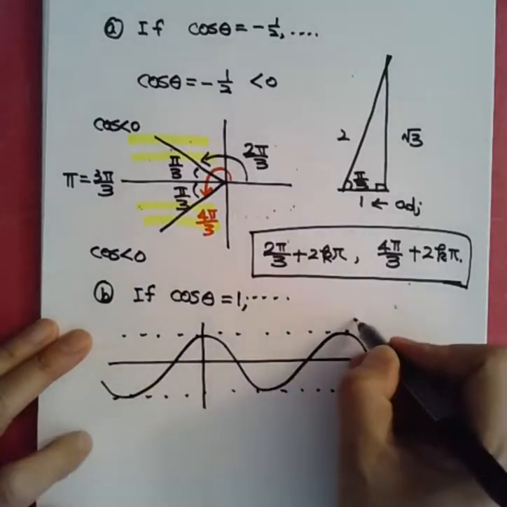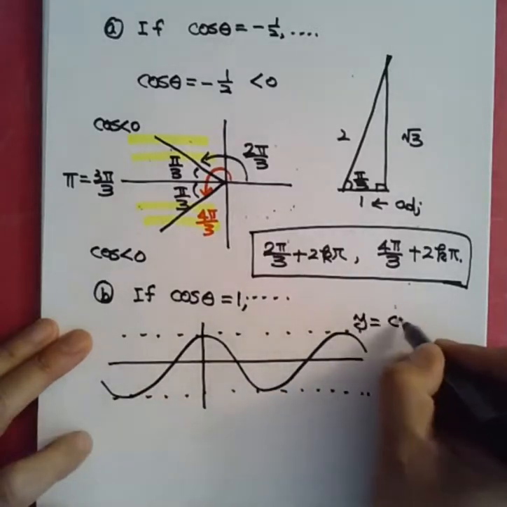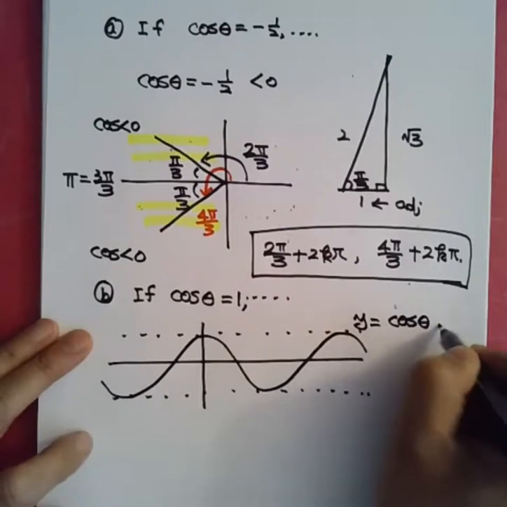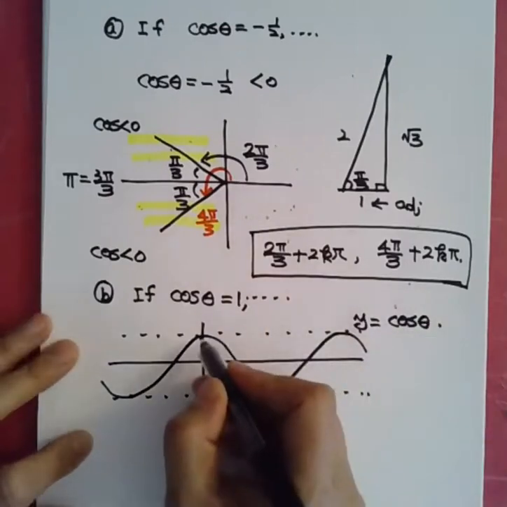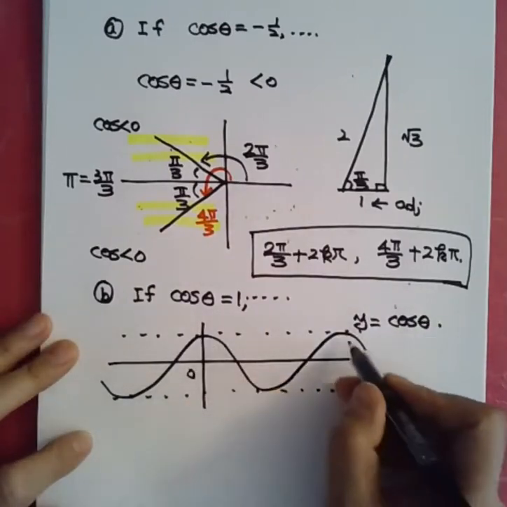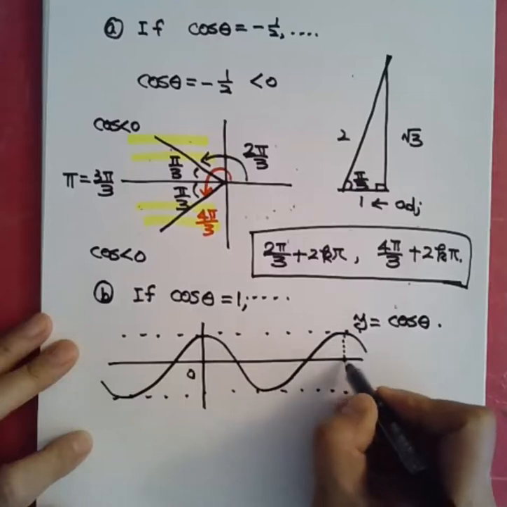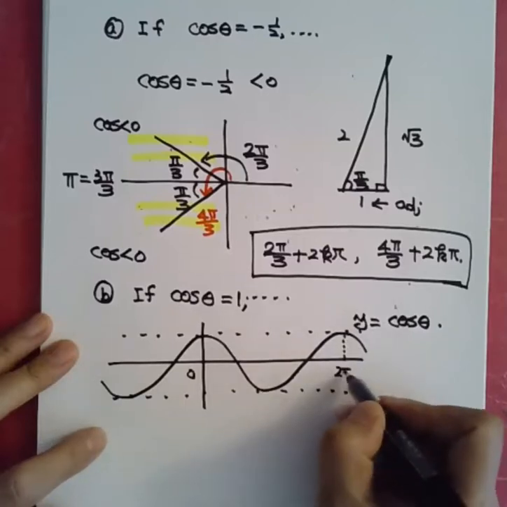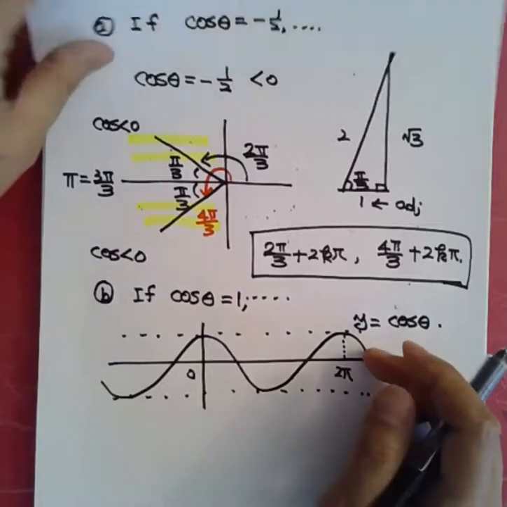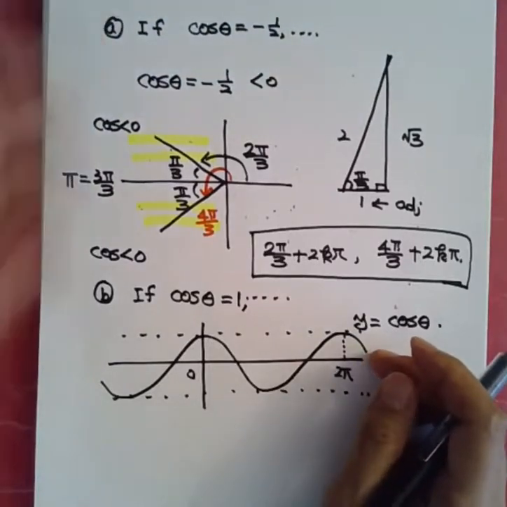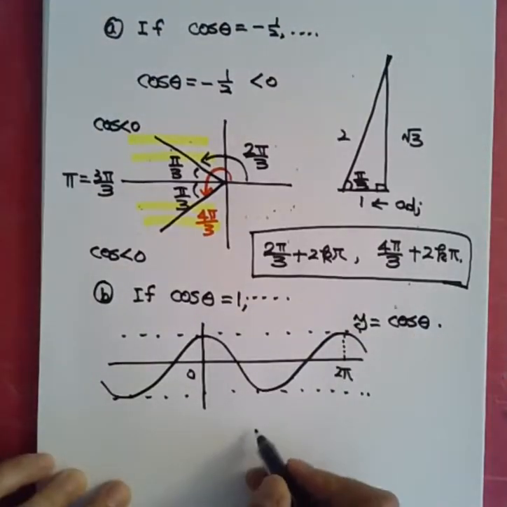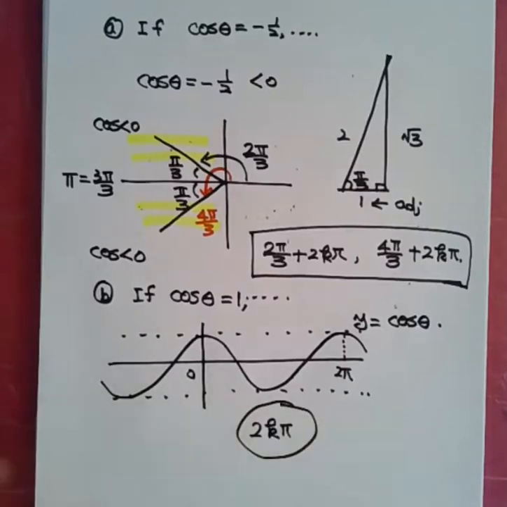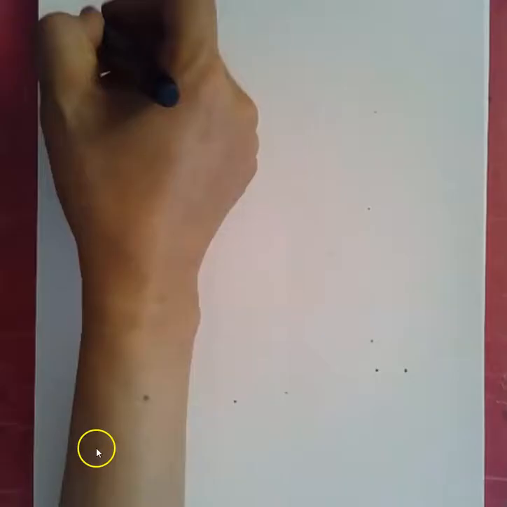This is the graph of cosine. Cosine is 1 when the angle value is 0, 2 pi, 4 pi, and so on. From here, we get 2k pi. In this problem, we have 3 answers.